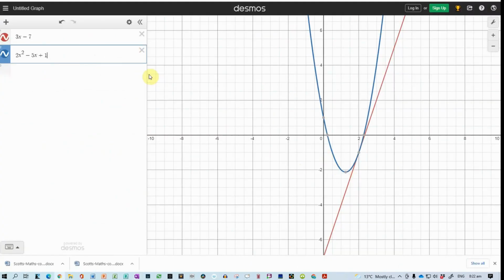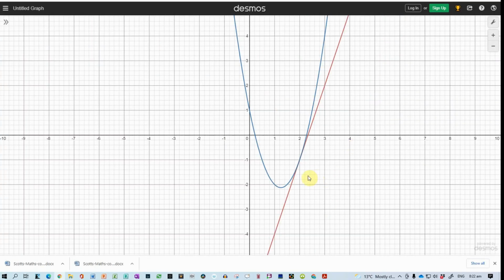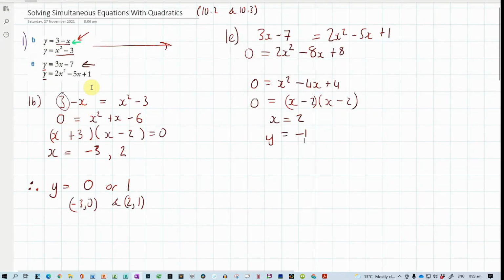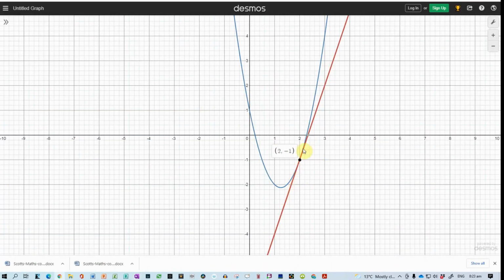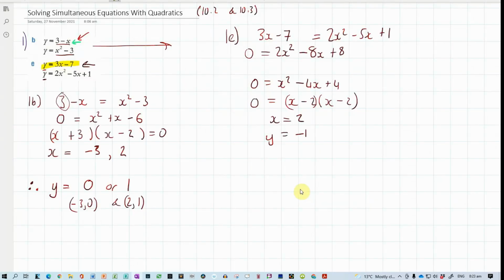And what you'll notice, and that's what we found, is that there's only one place where they're equal, it's this point here, 2 comma negative 1. So when you only get one answer, it means that the line, in this case 3x minus 7, is a tangent to the curve, right? And you can see that that red line there is a tangent to the curve.